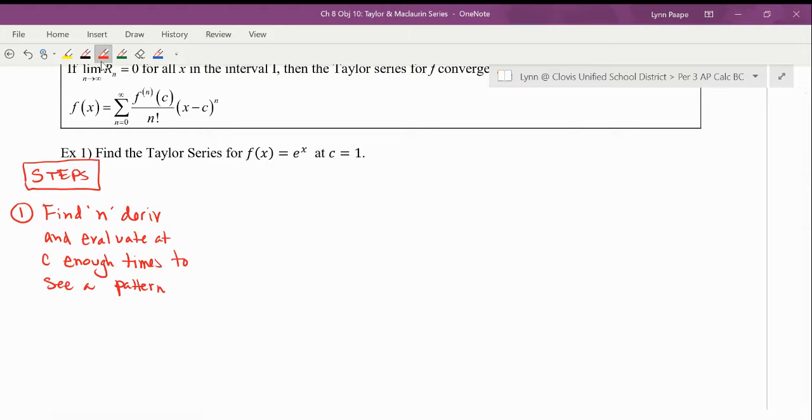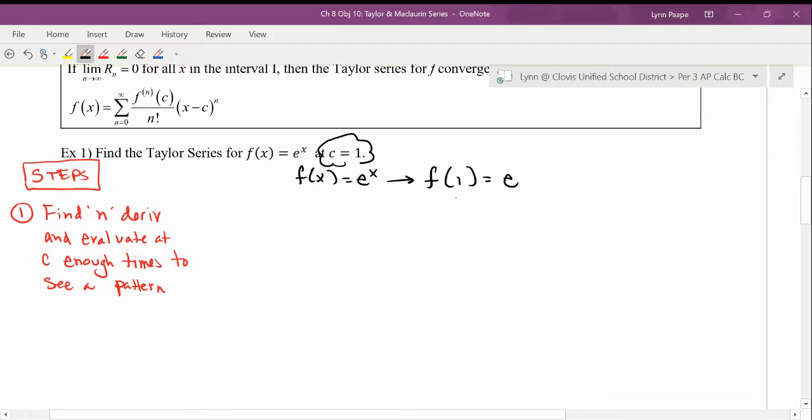Okay, so for this particular problem, our function is e to the x, and we're going to evaluate that at c equals 1, so our center is 1. I'm going to do that at the same time, so I'm not going to find all my derivatives at once. I'm going to find just however many I think I need in order to see a pattern on this side.